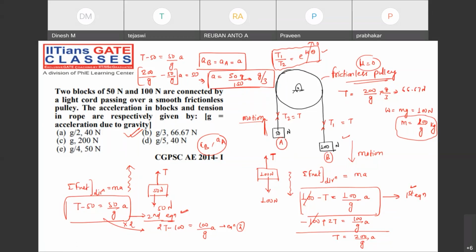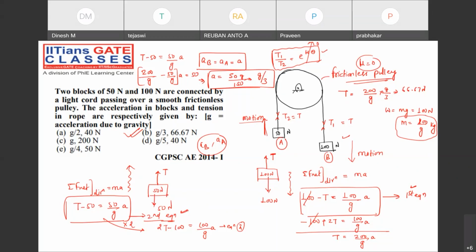Prabhakar. g by 3. I'm not getting your point, what you are talking about. Can you please repeat once? The acceleration part, which one are you saying?